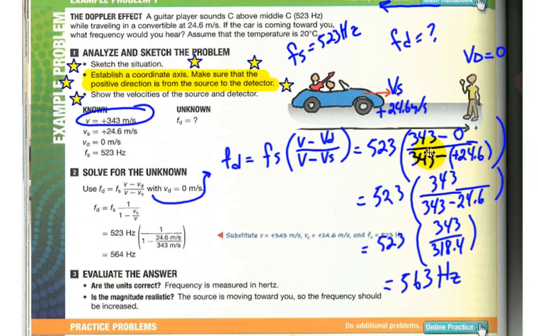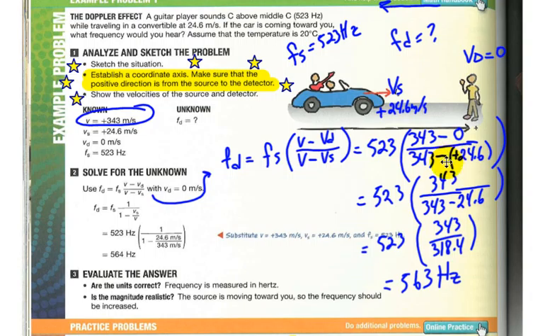So we can take a look here. 343 minus 0 is 343. 343 minus a positive 24.6. So we get that. And look at that, the ratio will be larger than 1. So in fact, the frequency will increase. If this had been moving in the opposite way, it would have been a negative 24.6.